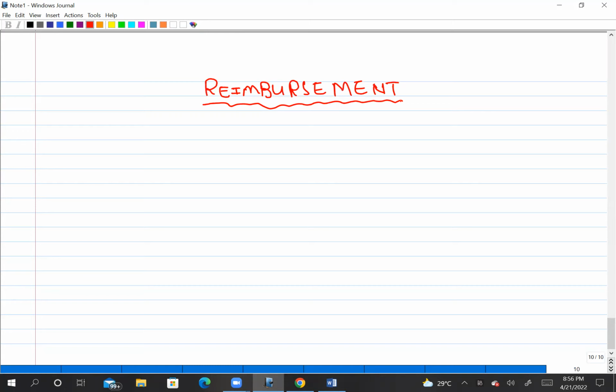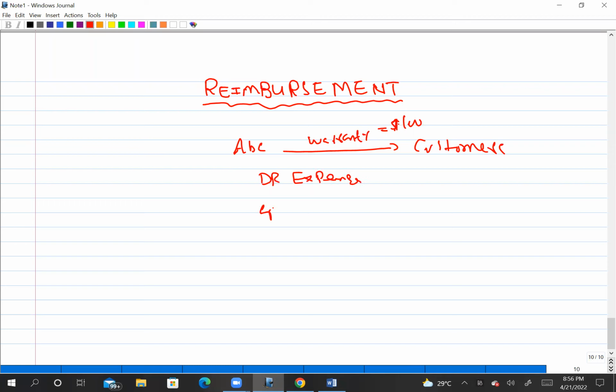For example, ABC Limited gives a warranty to its customers, and the total expected cost of the warranty is $100. So ABC company has recognized the provision: they debit the expense and credit the provision by $100.